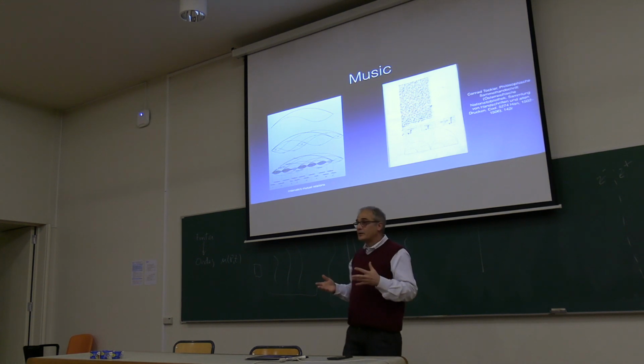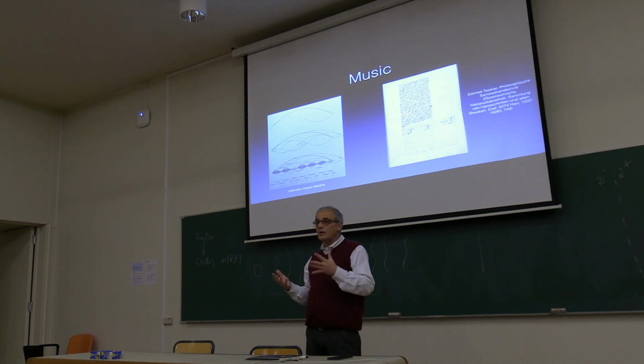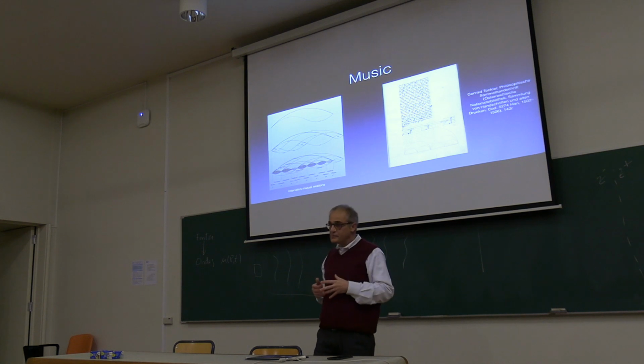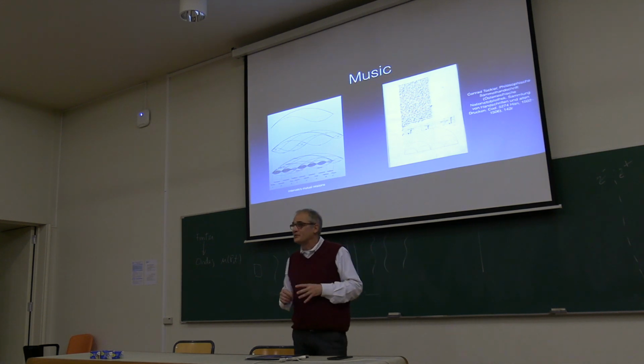And I don't know if you ever had the chance to read one of those treatises of musical harmony, as we would call them now, of this period. They are terribly difficult from a mathematical point of view.